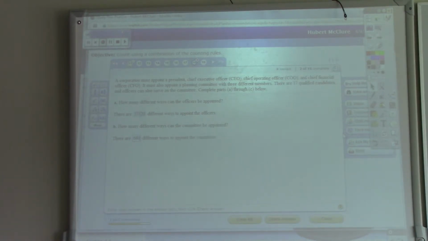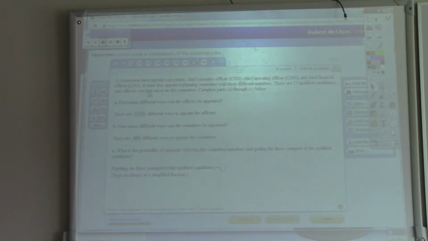If I read the question right, it's asking for 4 or 5 different things. What is the probability of randomly selecting committee members and getting the 3 youngest? The corporation must appoint a president, chief executive officer, blah, blah, blah.